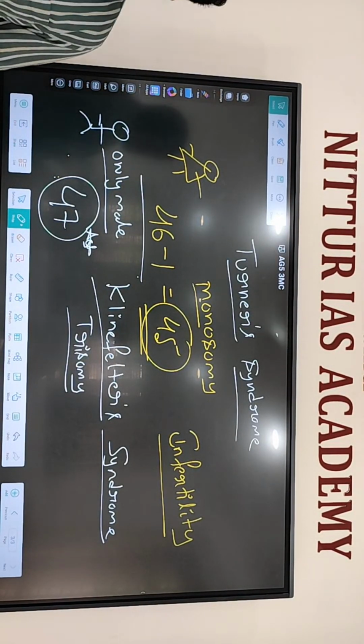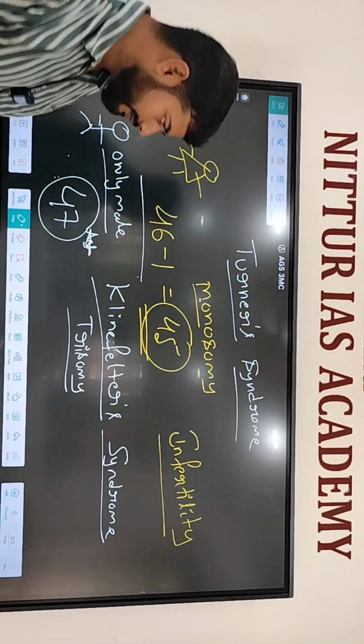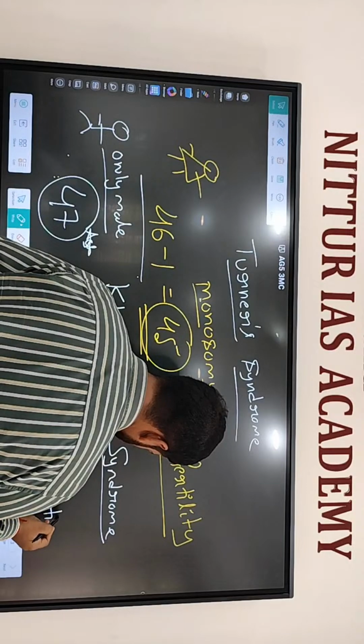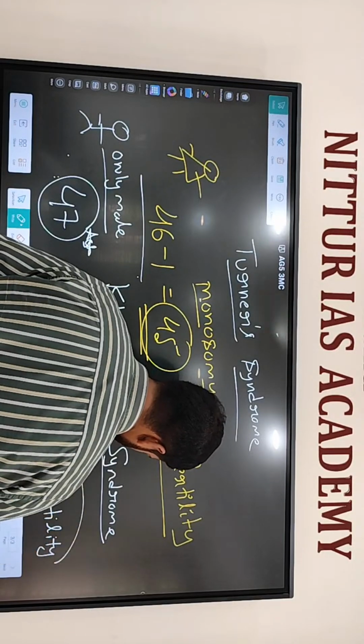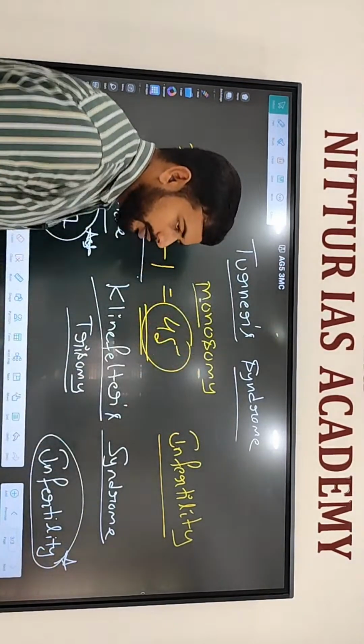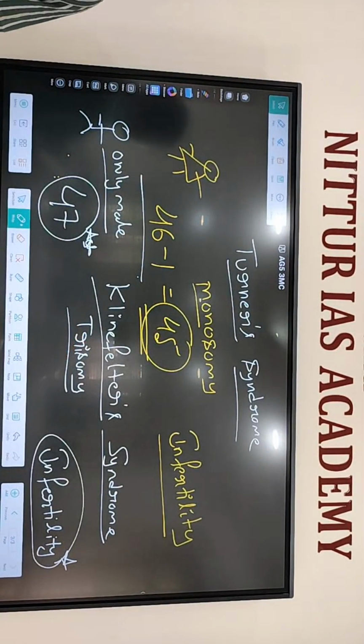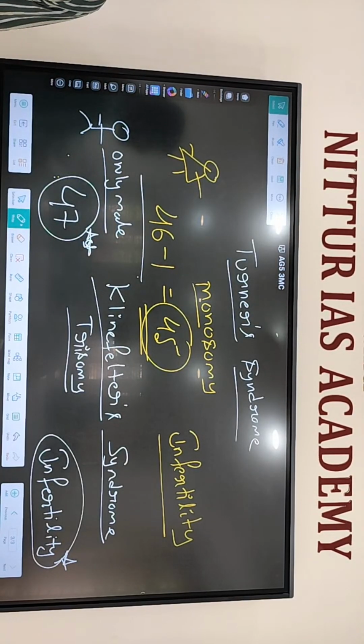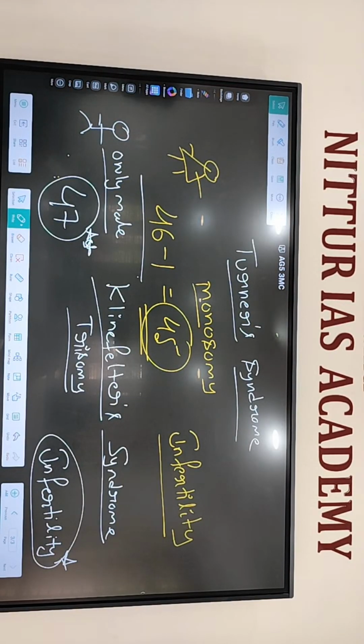What will happen? Infertility. The changes during puberty will not be seen. Sperm cells will not be produced properly. Infertility is seen. Klinefelter syndrome, trisomy.